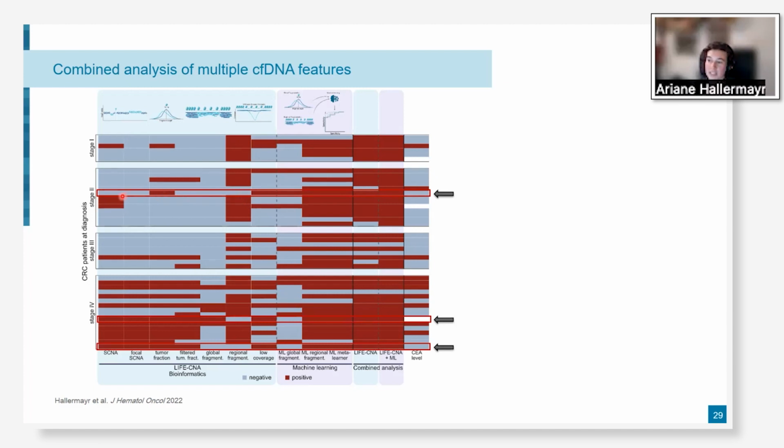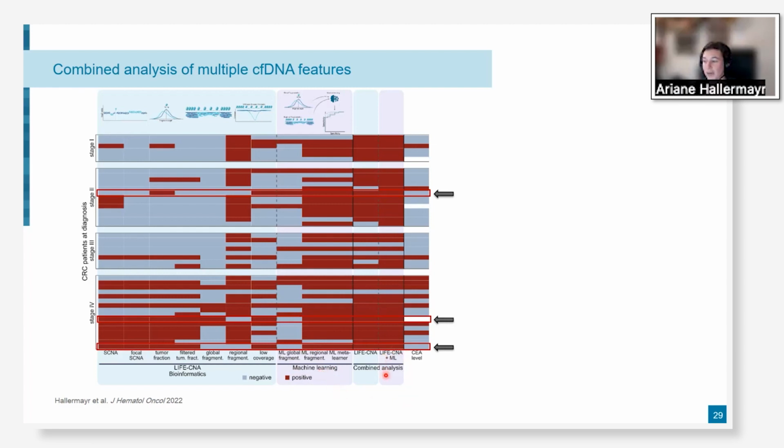However, by analyzing all the different cfDNA features, when combining the analysis, as you can see here in this row, ctDNA was predicted or detected in those patients. And then I also have here with the purple background the results obtained for machine learning classifiers.